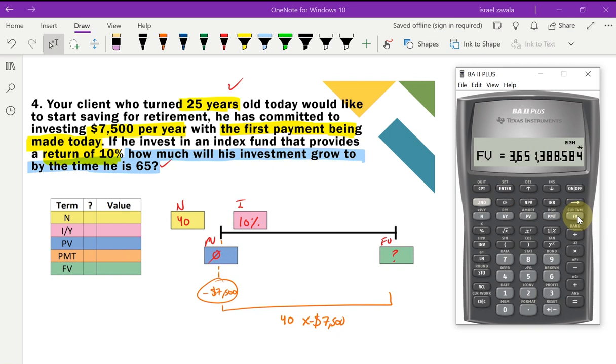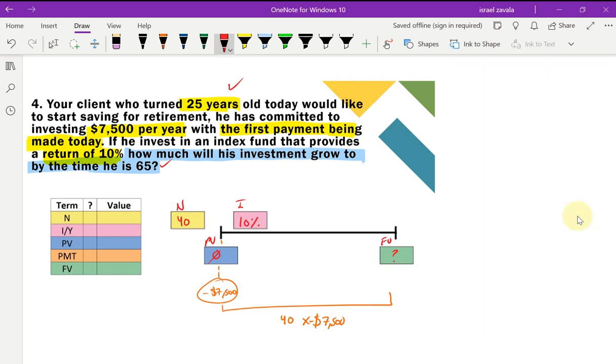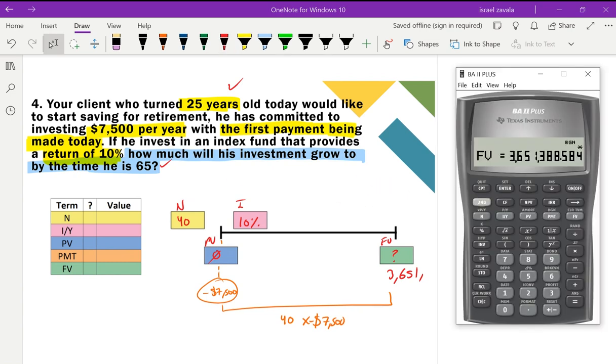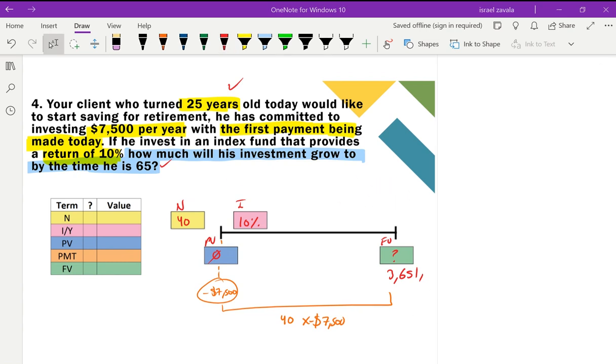So that amount of money would grow to 3.6 million, right? But we want every single penny of what we put in, so we should put the whole amount. 388.58.